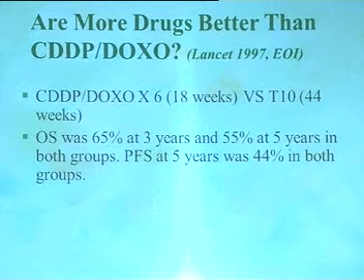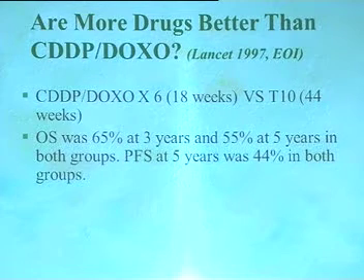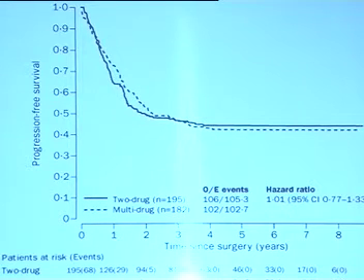And the results were that they were equal in both groups. So the conclusion was that the two drugs, cisplatinum and adriamycin, are equally effective as the so-called more complicated T10 protocol.